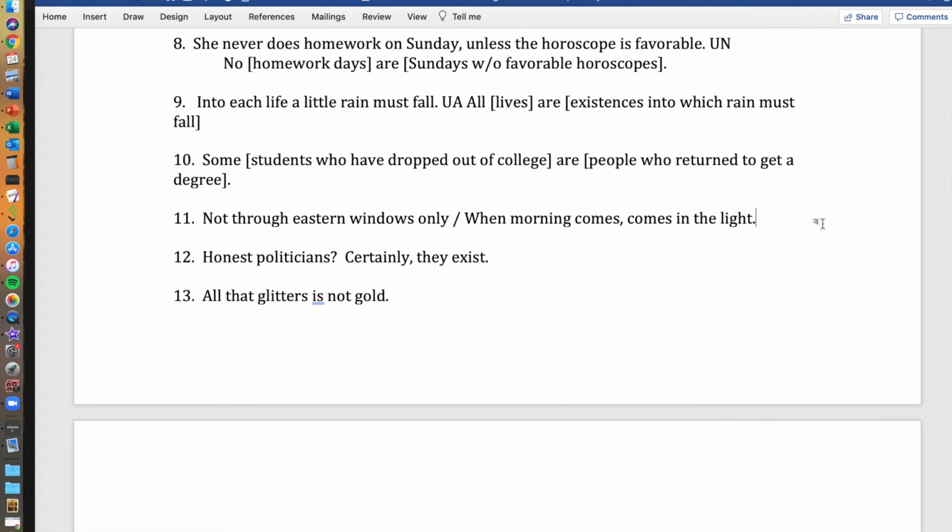And the tricky part here is not really figuring out the quantity and quality, because there's a clue here: not through only, okay? And so not tells us it's negative, and the not only tells us it's probably particular. So we can begin with the hypothesis, this is a particular negative.